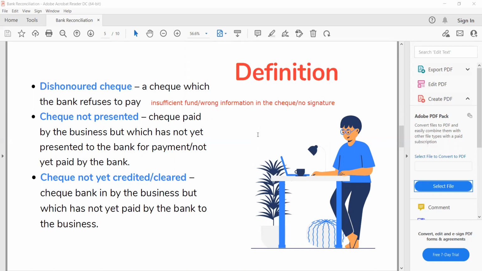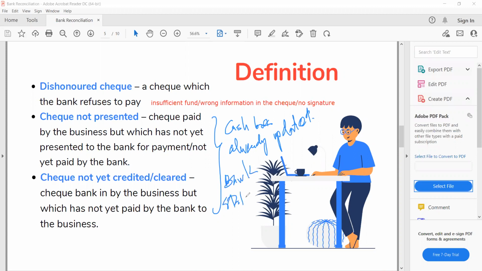Basically, if you talk about the cash book, these two are already updated, already recorded in the book, but the bank statement has not recorded or updated.